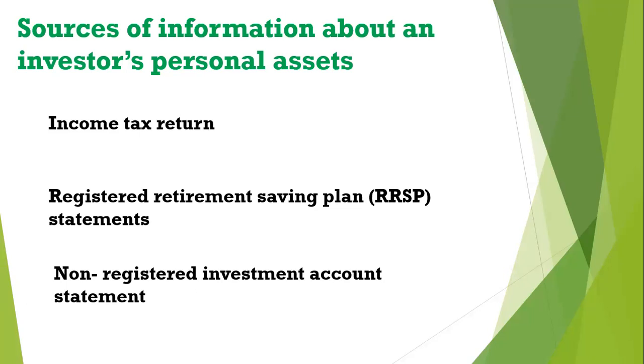So you look at those statements to get more information about your assets. You will see how much income you made on your tax return, and from your return you can check how many assets you have listed there.